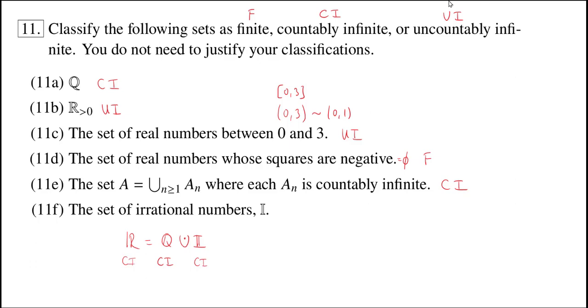But that's silly. We know the real numbers are uncountably infinite. And so we conclude the irrationals cannot be countably infinite. They must be uncountably infinite. All right, there we go. On to number 12, where we'll talk more about this in the context of Cantor's diagonalization argument.